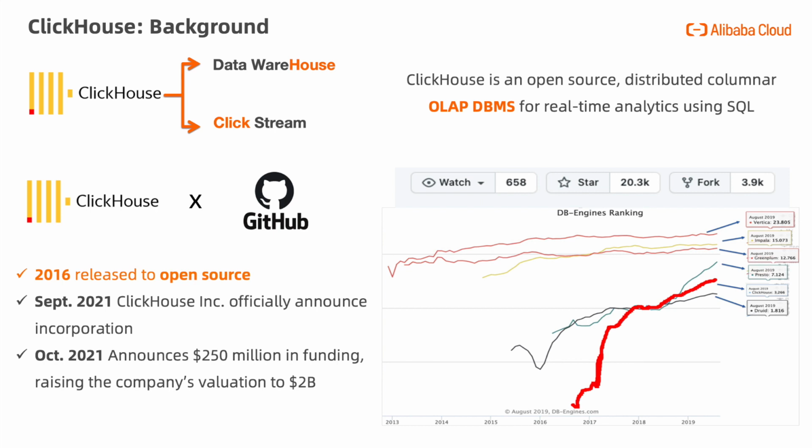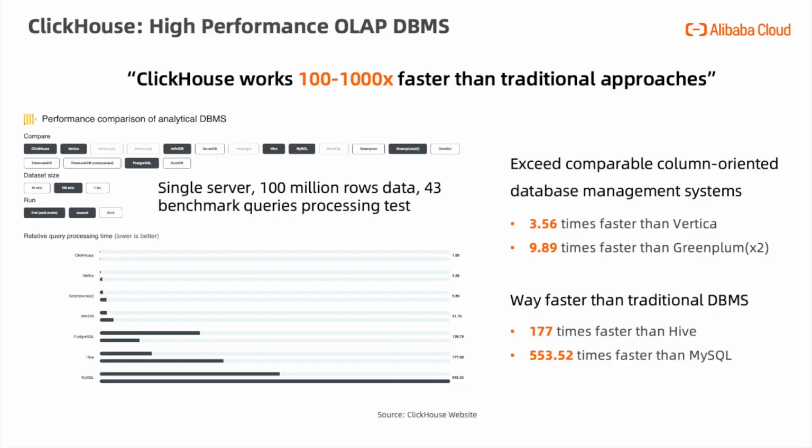And in October, it announced 250 million in funding, raising the company's valuation to 2 billion. ClickHouse performance exceeds comparable column-oriented database management systems available on the market. It processes hundreds of millions to over a billion rows and tens of gigabytes of data per server per second. As we mentioned before, ClickHouse works 100 to thousands of times faster than traditional approaches.